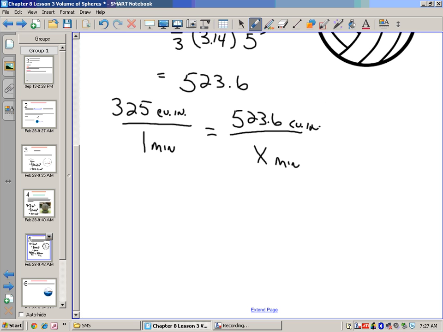So what we need to do here is cross multiply and divide. Cross multiply 523.6 times 1, which is 523.6. And then you're going to divide that by 325, and x is going to equal 1.6 minutes. And there you have it.